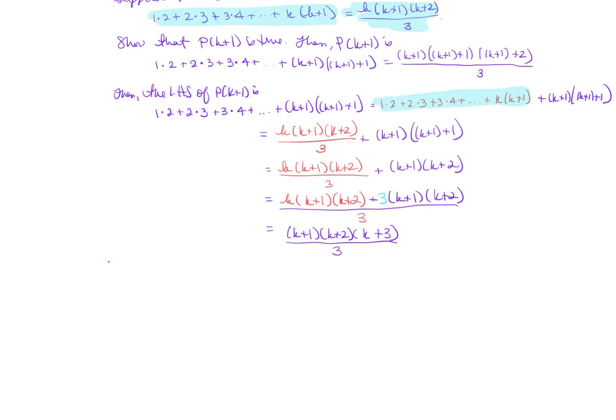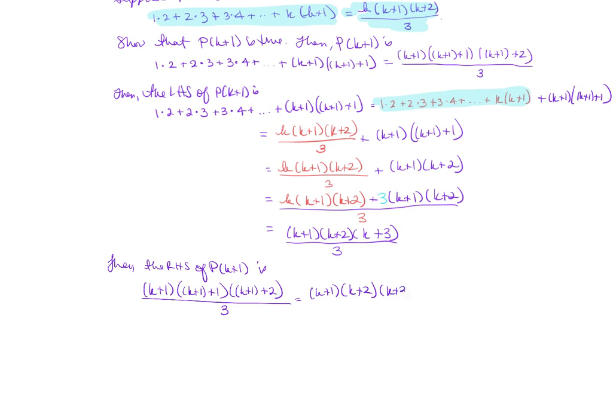So we would say, then the right-hand side of p of k plus 1 is, and that was where we got k plus 1 times k plus 1 plus 1 times k plus 1 plus 2, all over 3. And when we simplify, we get k plus 1 times k plus 2 times k plus 3 all over 3.